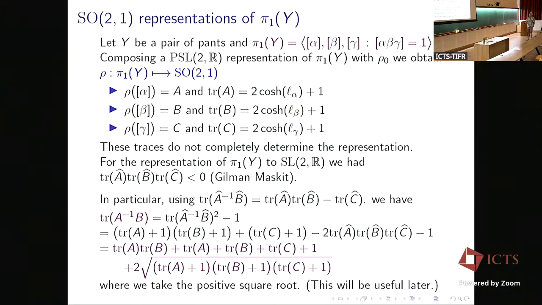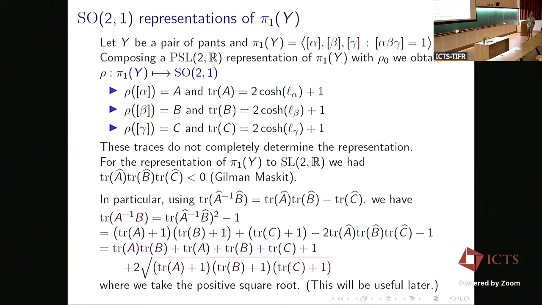So just put it into your memory for a moment, this is a simple calculation: if I want to look at the trace of A inverse B, well, we relate it down to the trace of the one in SL2(R). And then I know that formula, so I plug that in, and I get the product of the 3 traces.